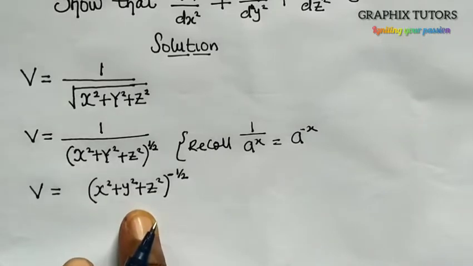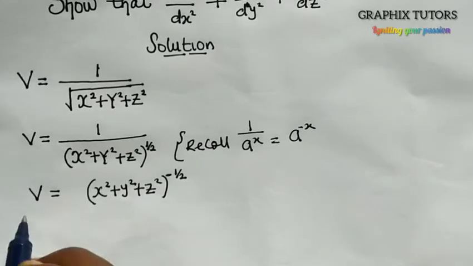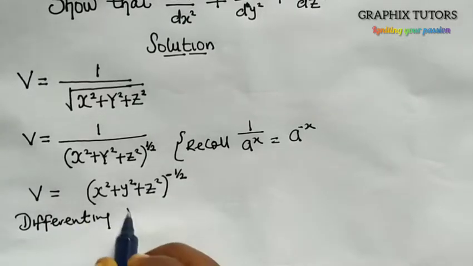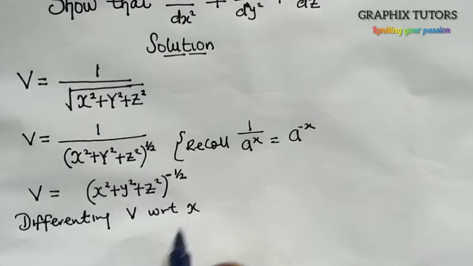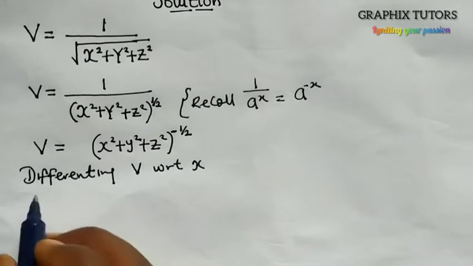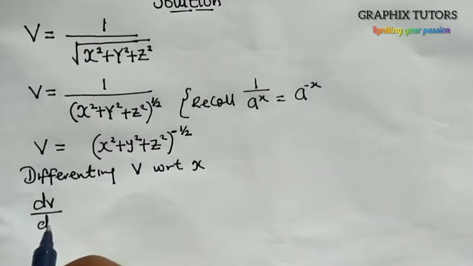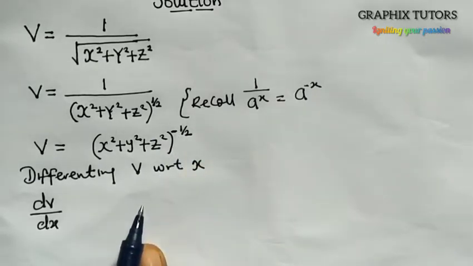Now, from here, we will differentiate v with respect to x. So I'll write differentiating v with respect to x, we are going to have dv over dx. Now, since it has a power here, we are going to be using chain rule.